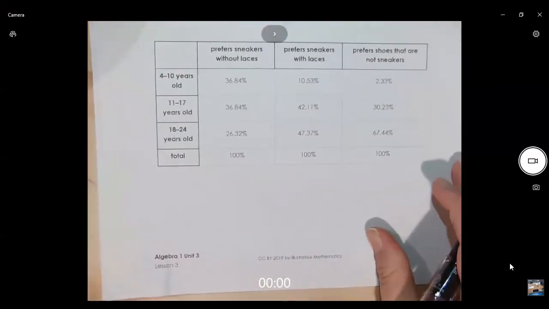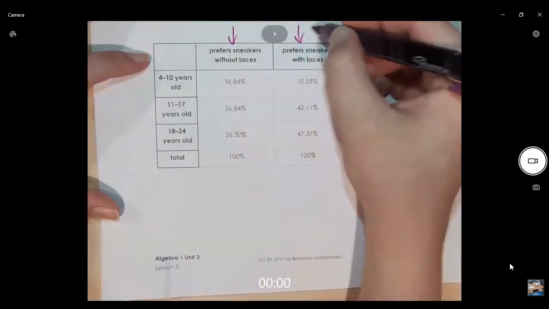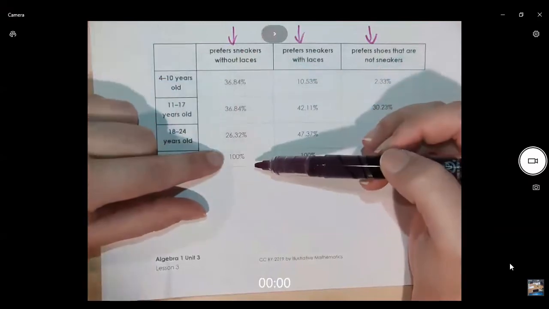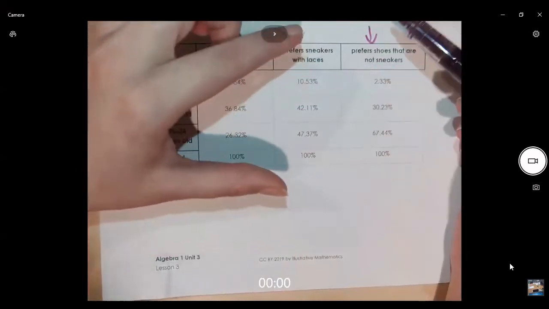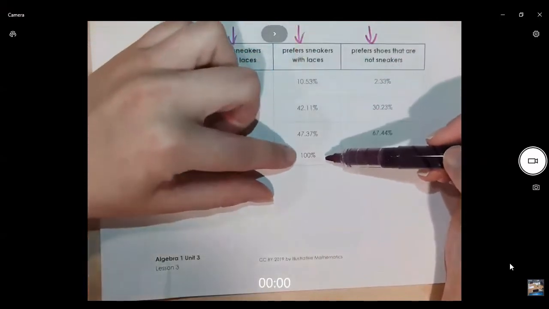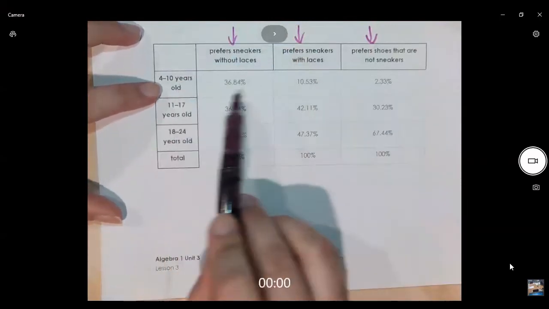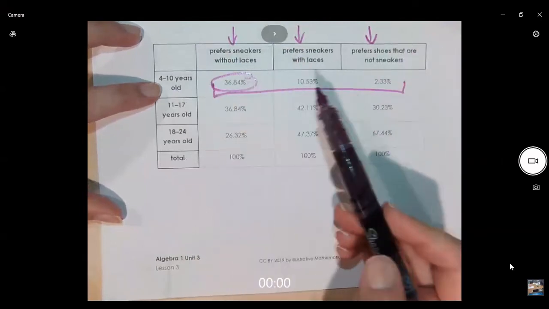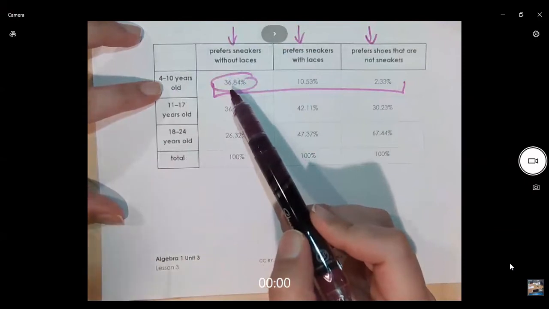So we could look at a similar situation here. This time we're looking at the column totals. So knowing out of everybody who prefers sneakers without laces, here's the breakdown of the ages. Or with everyone who prefers sneakers with laces, here's the breakdown of the ages. Then if we look specifically at the 4 to 10-year-olds to see how they're broken up, you can see that the largest number of them is in the category of preferring without laces.